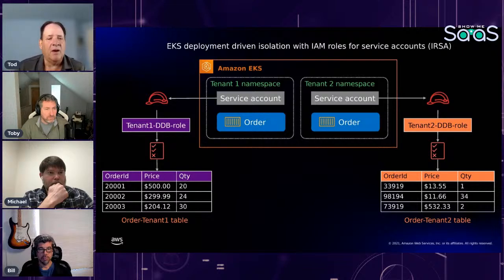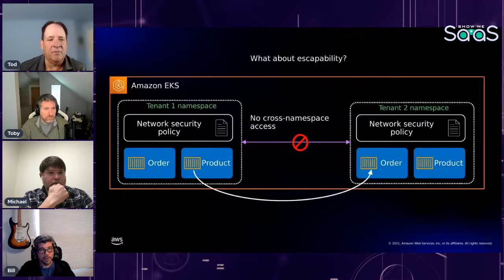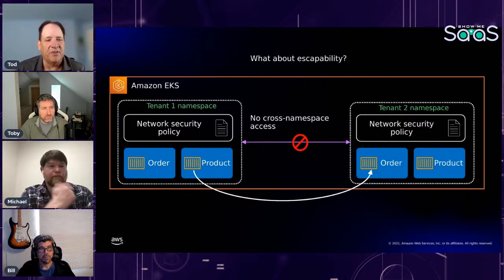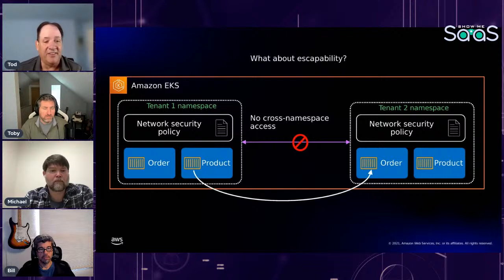Yeah. Now I'm curious though, if you look at other technologies, I'm going to skip ahead a little bit to this. This notion of escapability comes up as another layer of concern in the isolation discussion, which is to say, even if I've put in service level accounts and I've attached IAM policies and my code's complying with all of that, in this container space, whether it's EKS or ECS or whatever I'm running on, there's always this concern about, can I escape the container and get access to something I'm not supposed to be able to get access to?